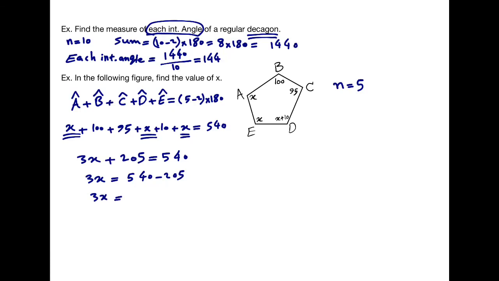So 3x equals 335. Now we have to divide by 3. So x equals 335 over 3. Since 335 is not divisible by 3, we can just leave the answer in this form. So the value of x in this shape is 335 divided by 3.